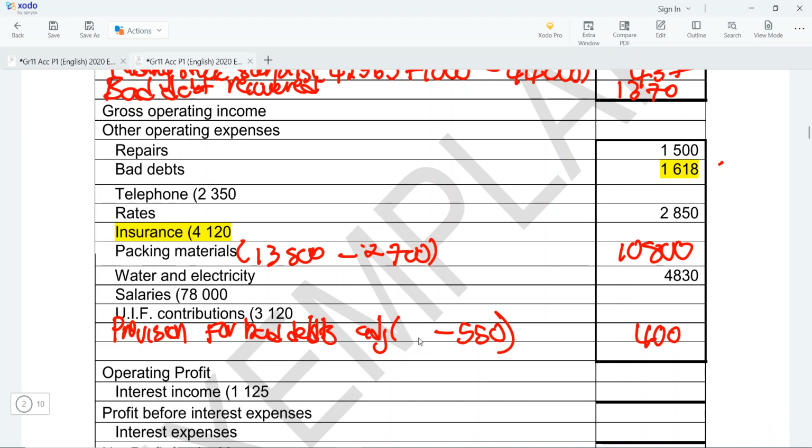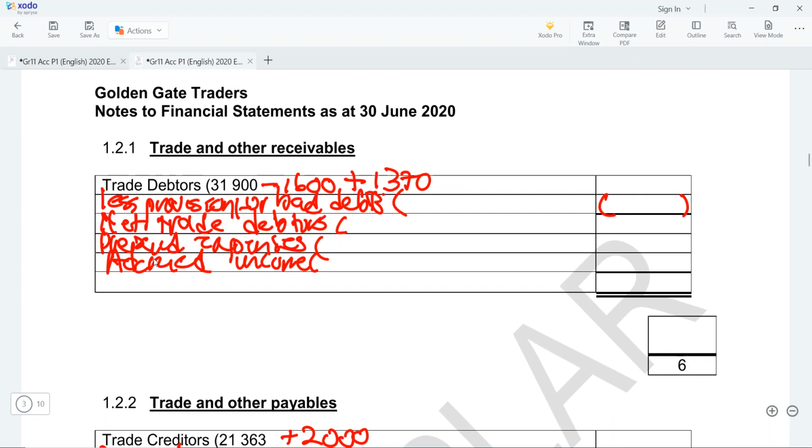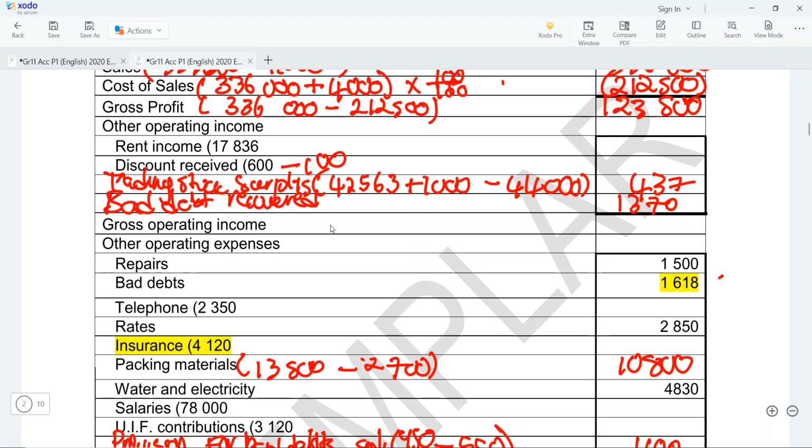So if we say 950 minus 550, remember this is the new balance, the difference between the two, it's 400. So the new provision for bad debts in the note will be 950. So please be careful about that part. And this is a common transaction, also the first one that we did, and then also that one of the stocks on hand, they are also common, so you mostly have them.